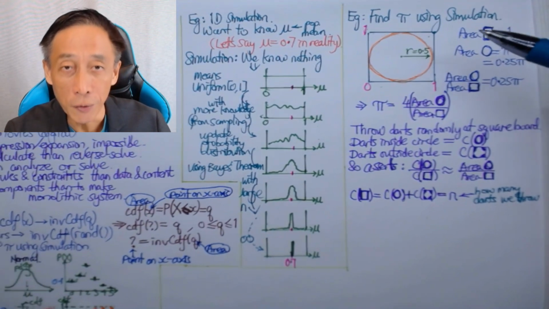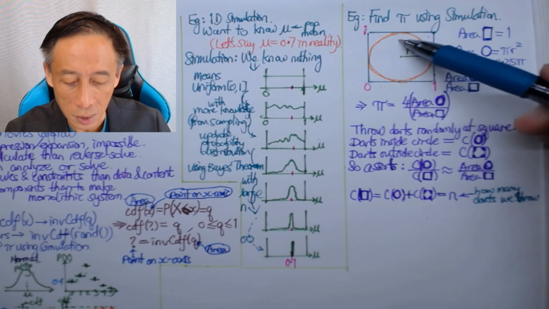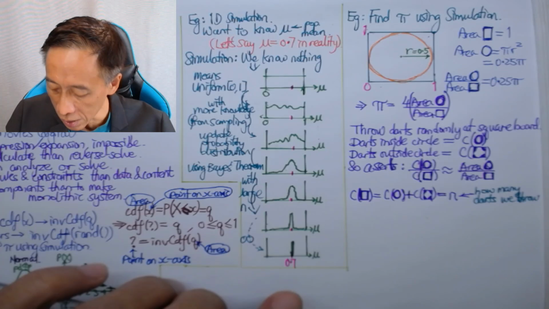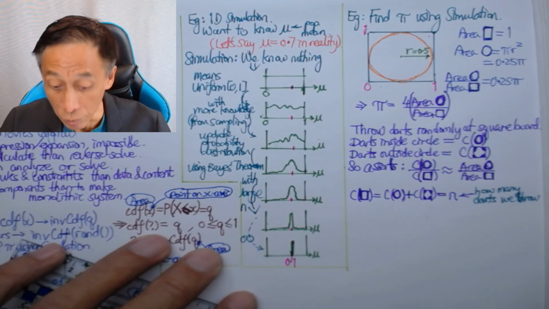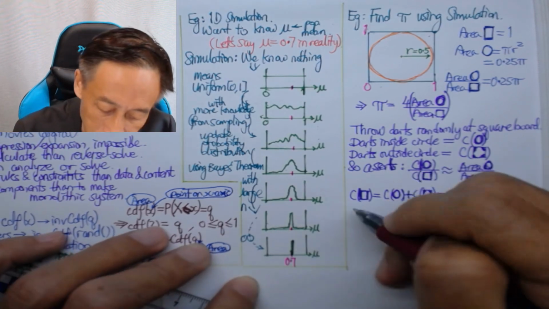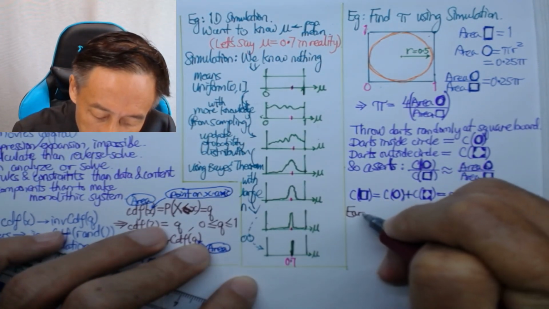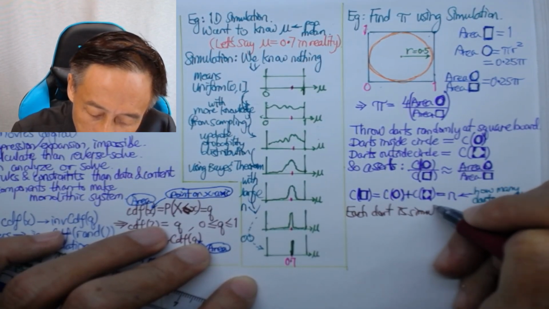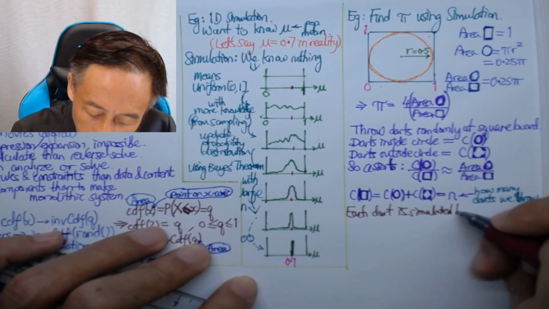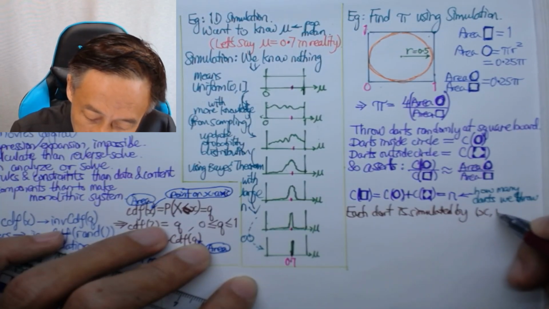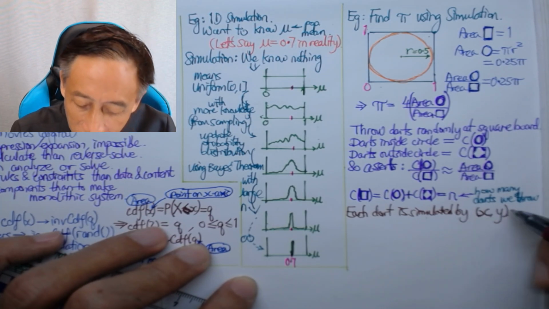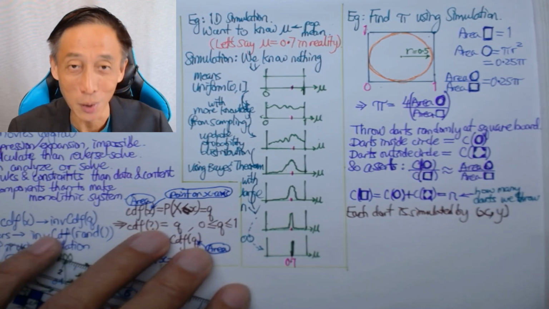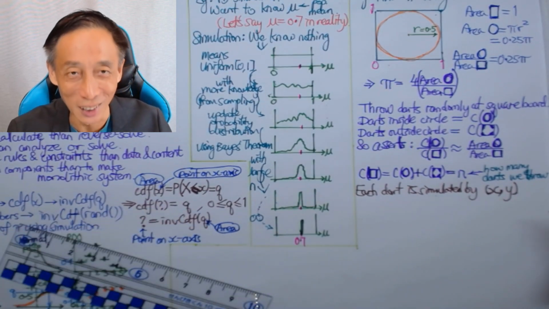If the coordinate is inside the circle, right? Each dot needs to be described as inside the circle or not. Each dot is simulated by xy coordinates. Mathematically, we'd write it as xi, yi, but every time I add a suffix it becomes a bit more complicated, with a lot of variables.